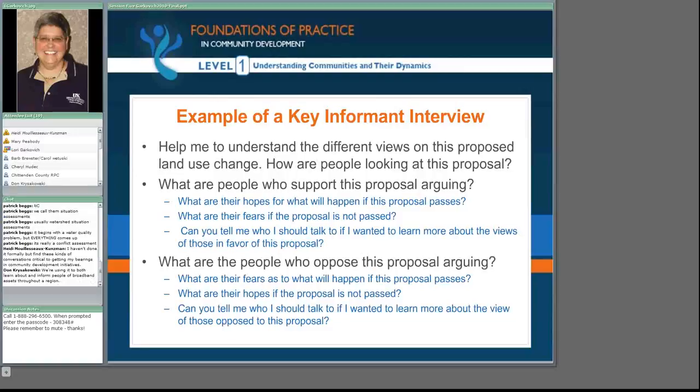Don points out that they're using it both to learn about and inform people of broadband assets throughout a region. Thank you for saying that, because you're correct. Different types of situational analyses can be used to both gather and disperse information.